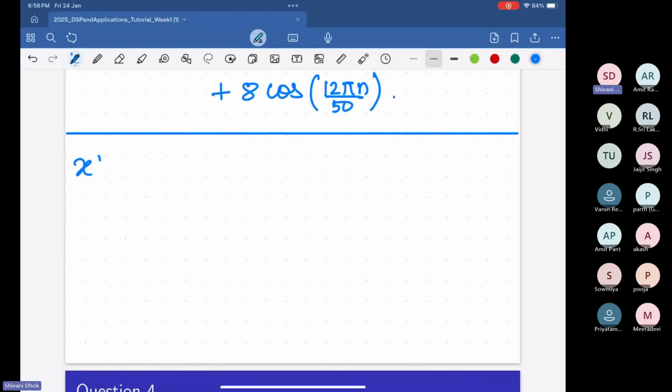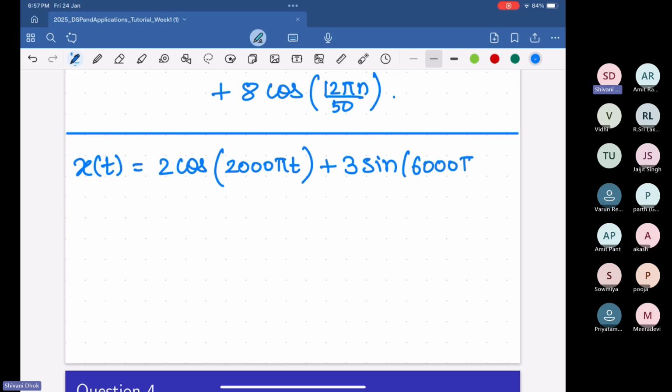Our x of t was 2 times cos of 2000 pi t plus 3 times sine of 6000 pi t plus 8 times cos of 1200 pi t.